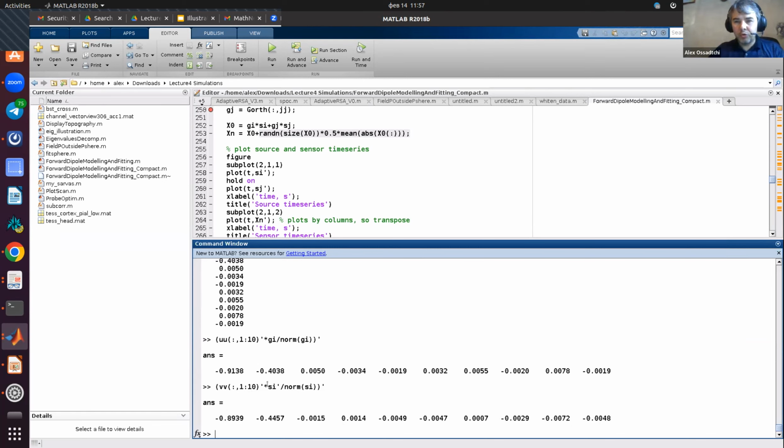It means that you found with SVD a two-dimensional subspace where your SI and SJ live, and the same GI and GJ, right? You didn't find individual GI and GJ, of course, because SVD doesn't know about the electromagnetic model, nothing. It just got the data. But it found the subspace where your data live, okay?